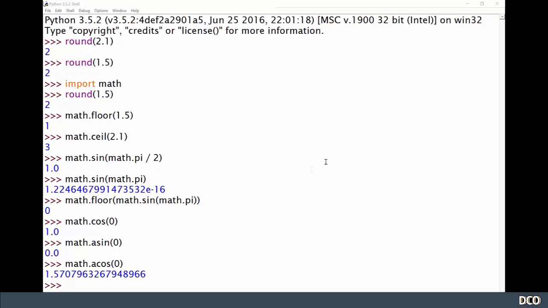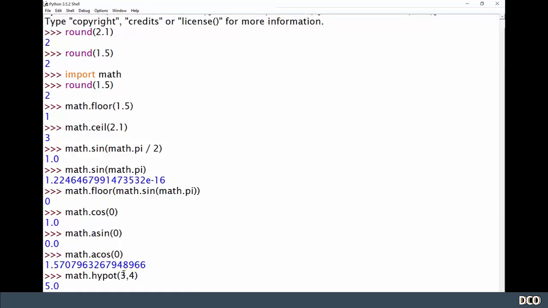So we can check this by doing math.hypot of 3 and 4, and we're going to get back 5, because 3 squared is 9, 4 squared is 16. Add those together, you get 25. Square root of 25 is 5. This function is also useful for finding resultant vectors in vector algebra as well.